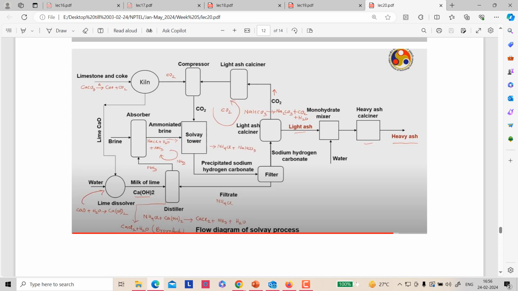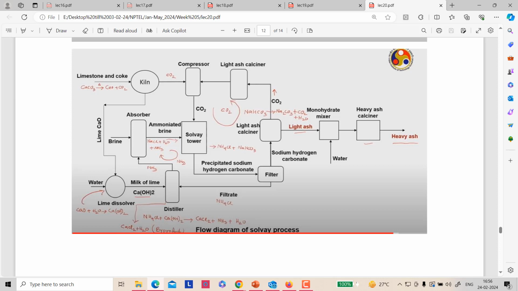And from this kiln, CaO is coming, because CO2 goes into the compressor and the leftover CaO comes into the lime dissolver. Lime is dissolved with water. This produces Ca(OH)2, and this Ca(OH)2 now goes into the distiller from one side, and NH4Cl goes from the other side, and it produces ammonia.